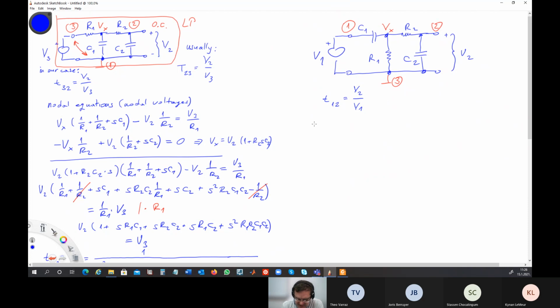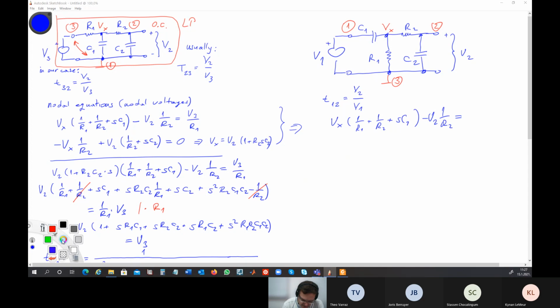Again, we will use the same equations as before, and we will see that these equations are indeed the same. So we can write Vx times (1 over R1 plus 1 over R2 plus SC1). This is the same. Minus V2 1 over R2. This is also the same.